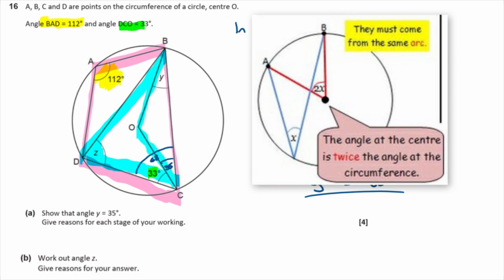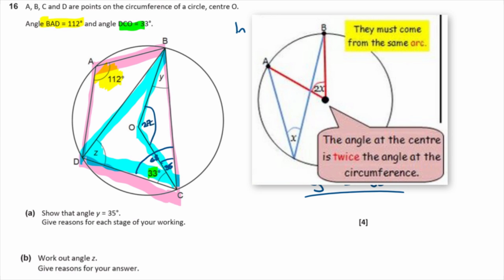If you ever watch Star Trek, it's like a Star Trek badge. Maybe you don't watch Star Trek. Anyway, you should know that the tip of a Star Trek badge is always going to be twice that one there. So that one is going to be 2Z, because it's twice as big.